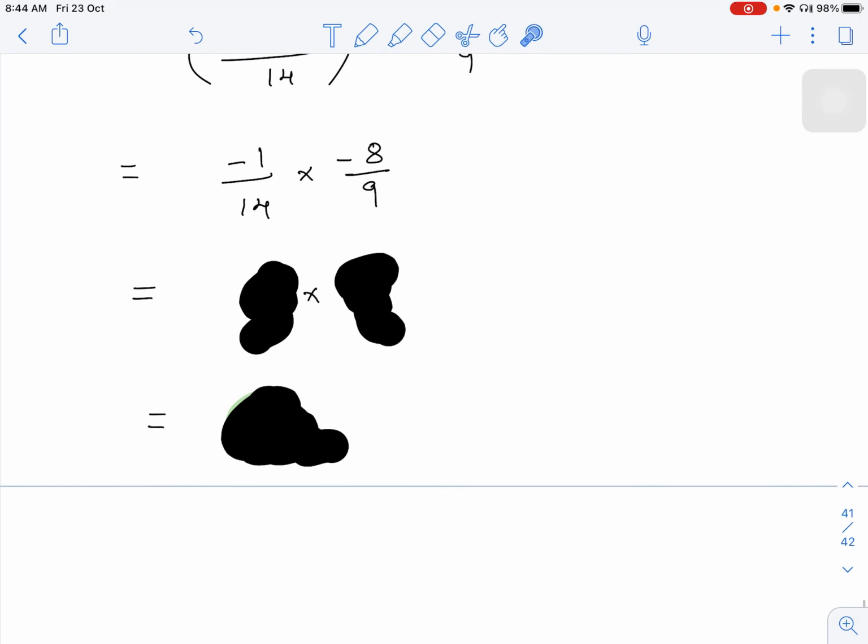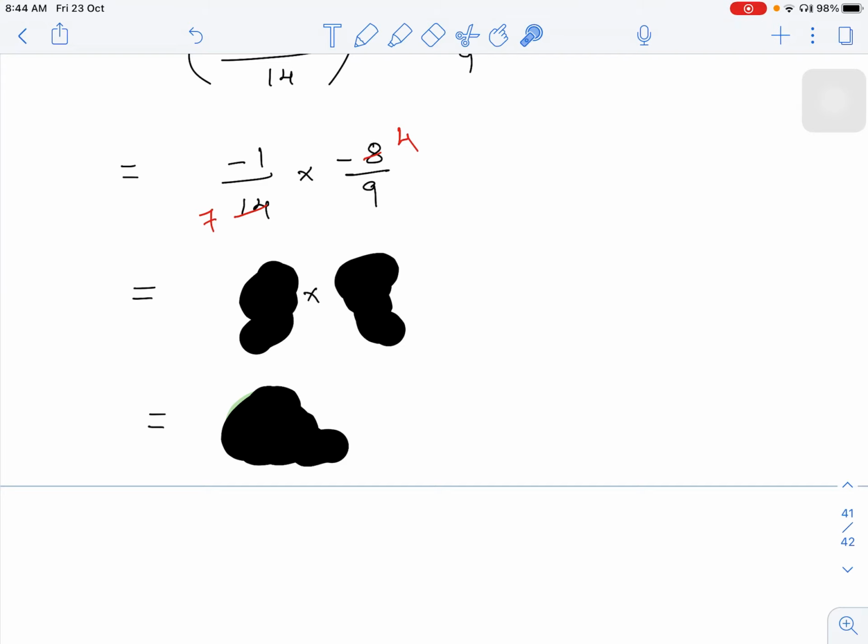Now in the next step, here the multiplication sign is there. So whenever the multiplication sign is there, we will multiply numerator with numerator, denominator with denominator. But before that, it can be seen that we can make some cancellation over here. 8 and 14 both come in the table of 2: 2 sevens are 14, 2 fours are 8.